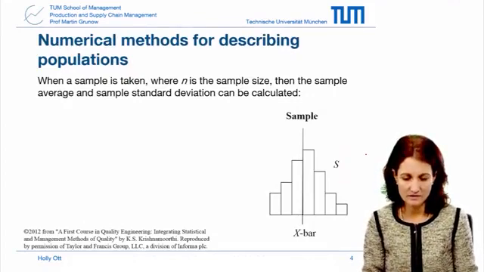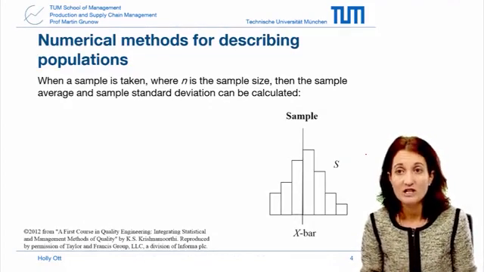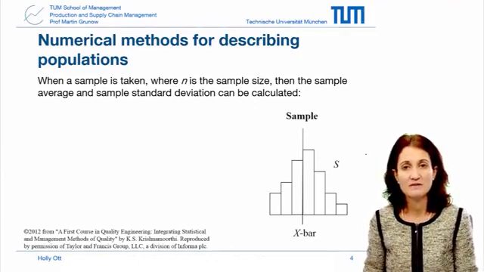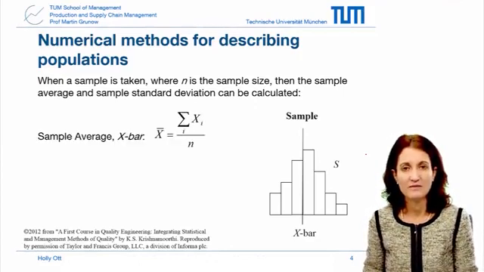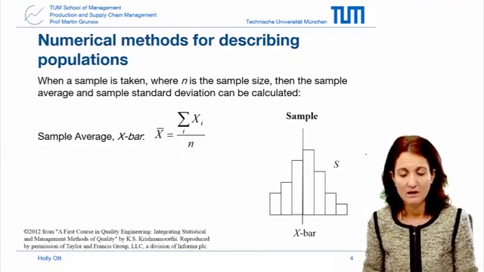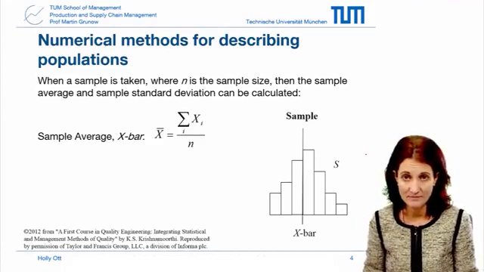Now, as we also saw in session 2, if we only have a sample, we're actually estimating the average and the sample standard deviation. Sample average is calculated then as the sum of all the observations in our sample divided by n.